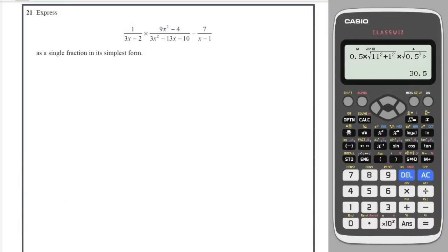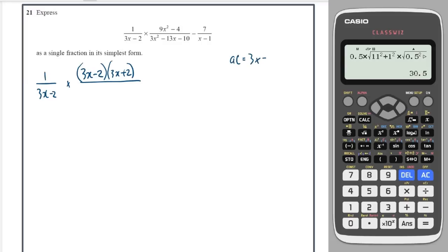Algebraic fractions, we have to factorise first, I would say. So the top line is a difference of two squares, so 3x minus 2 and 3x plus 2. The bottom one, I've got to use the factorisation method, so I'm going to use the AC method.